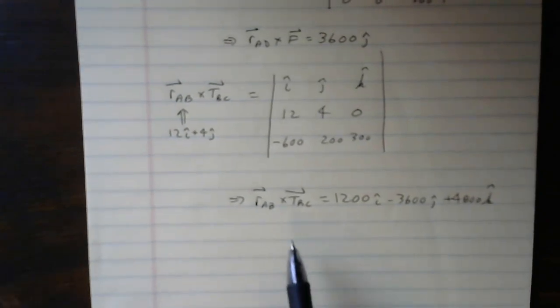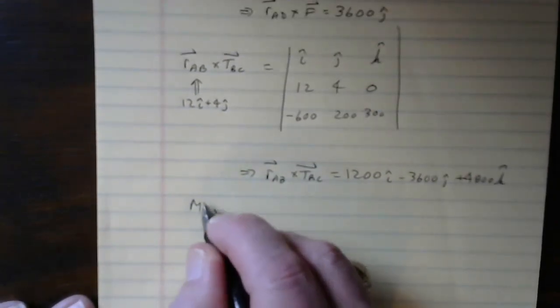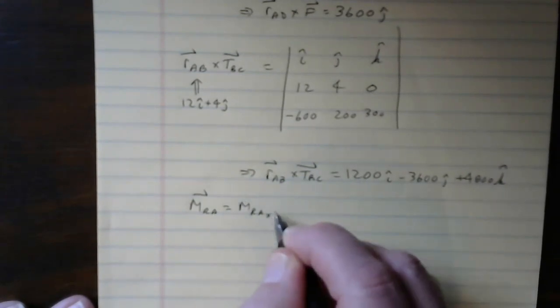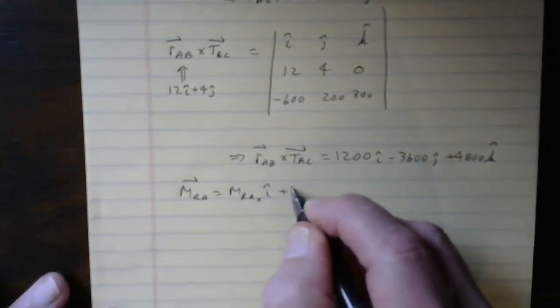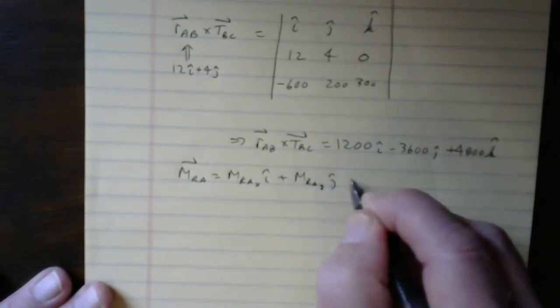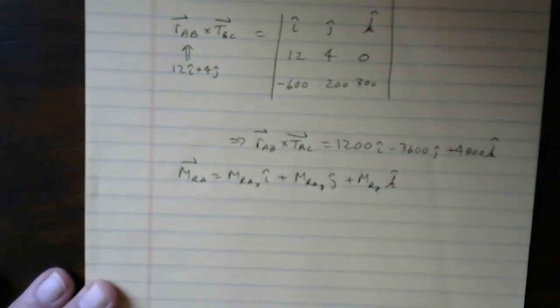And again, M_RA is equal to M_RAx I plus M_RAy J plus M_RAz K. So I have now all three of the terms in the vector sum of the moments about A equation.